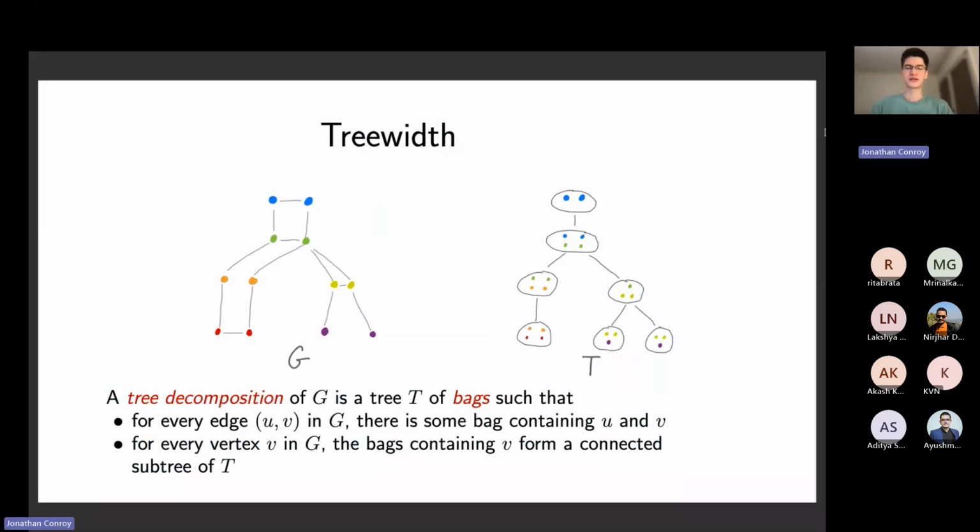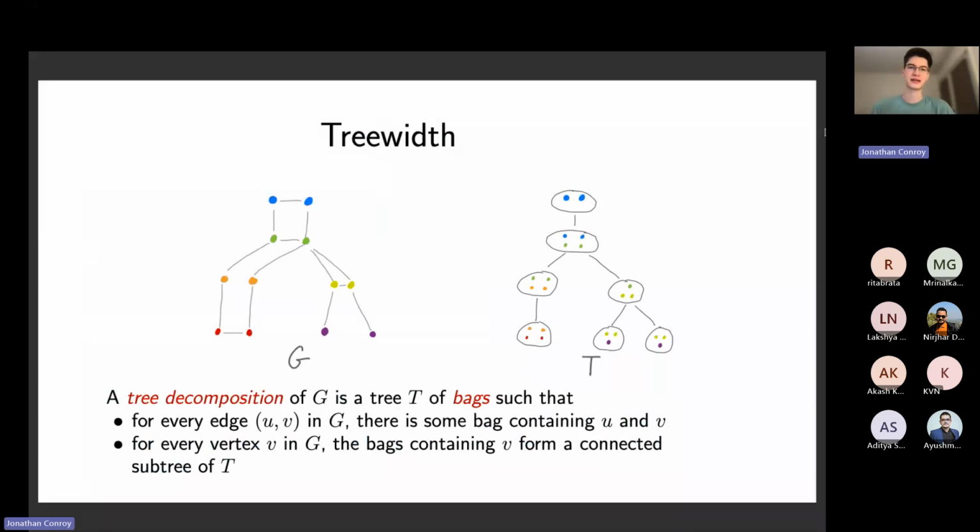Okay, so I want to first review the concept of tree width. A graph with bounded tree width is just some graph that looks like a tree in some sense. So we say that a tree decomposition of G is a tree of bags.